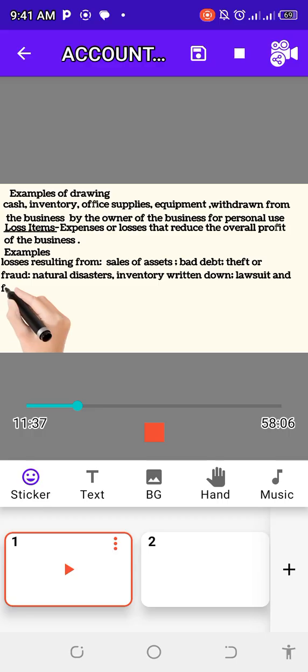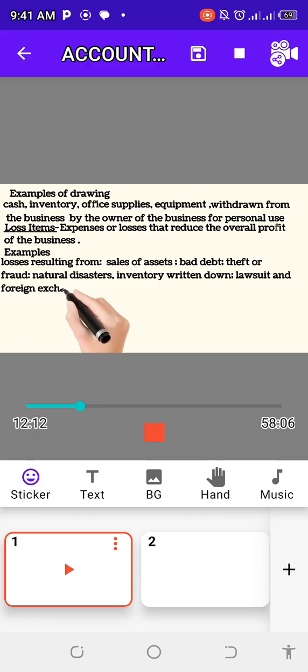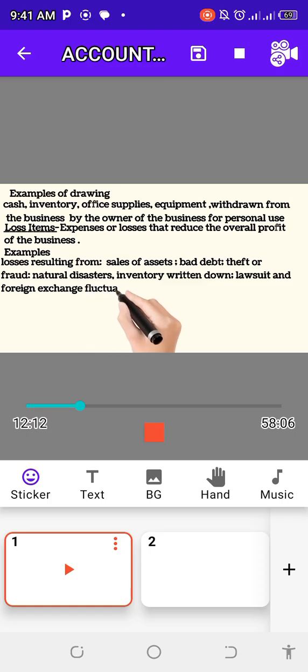Losses resulting from lawsuits and foreign exchange fluctuations. These are what? Loss items. They are loss items.